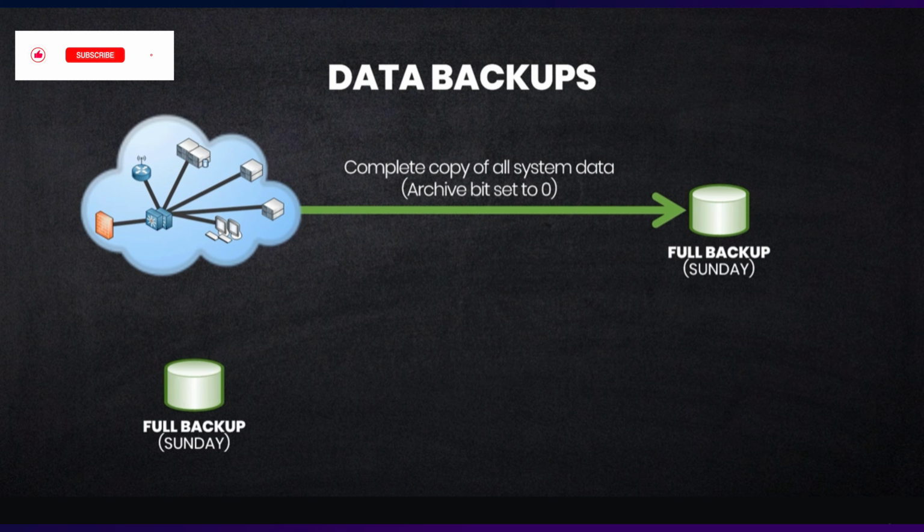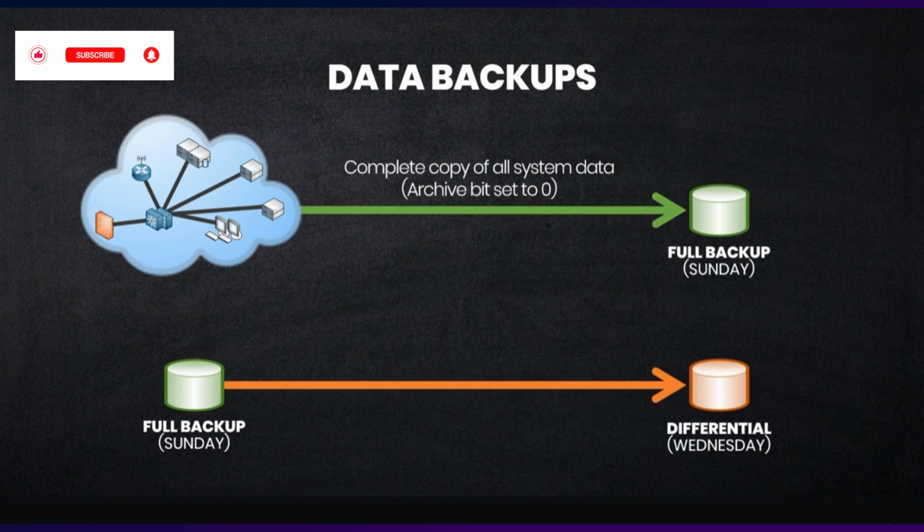The next type of backup we can do is called a differential backup. This backs up everything that has changed since the last full backup. If there's no change, then the archive bit stays 0. But if there's been any change, then the archive bit is going to be set to 1, and then you know what the difference is between the full backup and what we need to back up now.